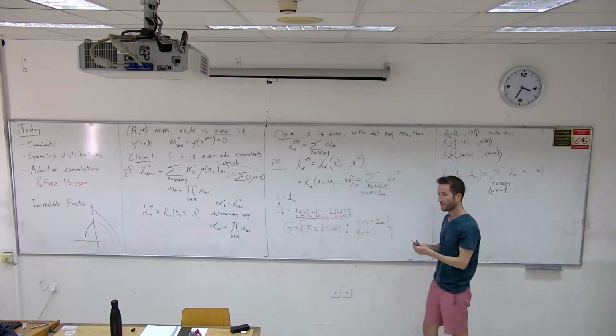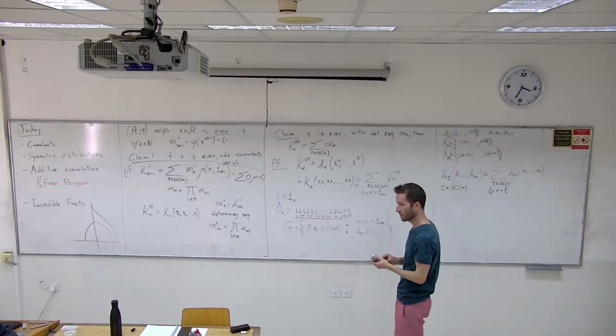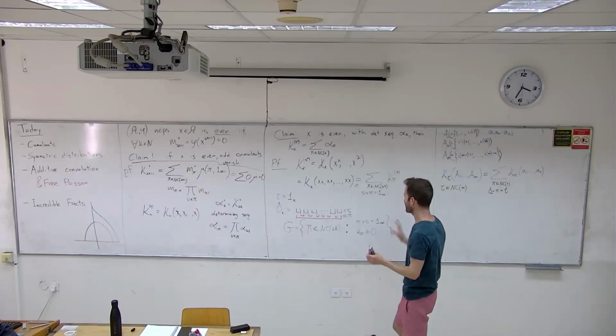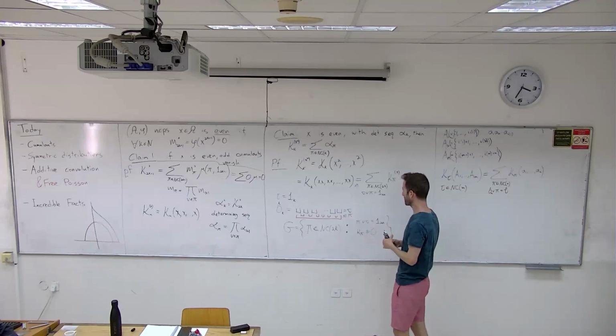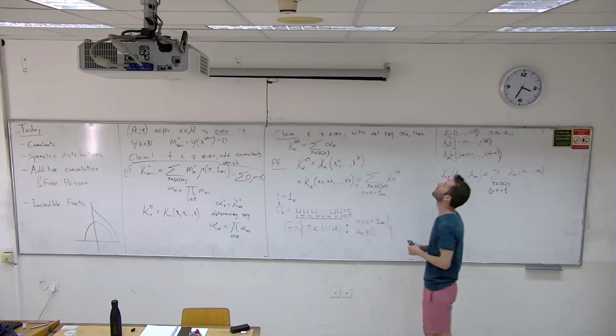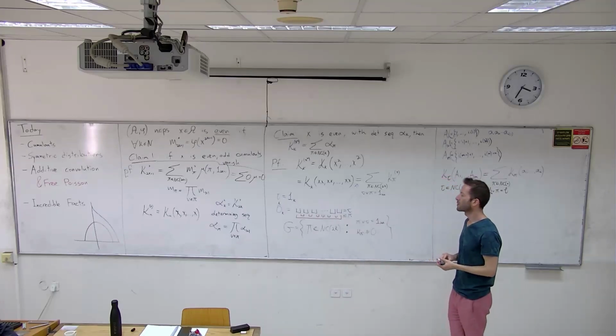Wait, actually, this didn't prove that the pi cumulant isn't zero. It might still be zero. Right, it might. So G contains the set; what you described contains the set of all of these.